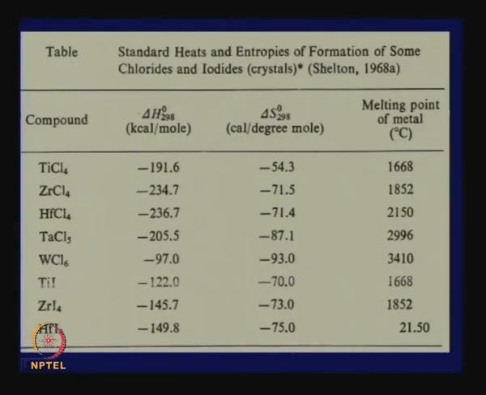I have given some data and you will find the same thing here, that the delta S naught value for tungsten WCl6 is higher than that for tantalum pentachloride, which is larger than that for hafnium. So, the delta S naught is the critical parameter.